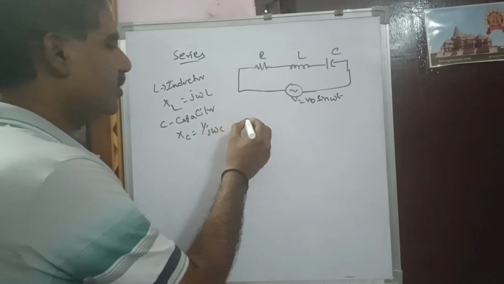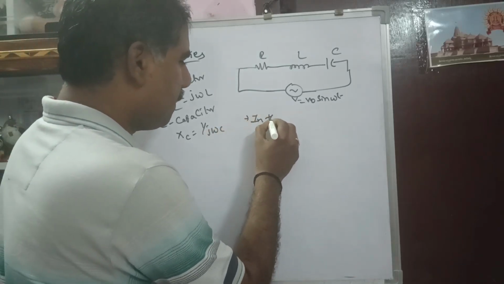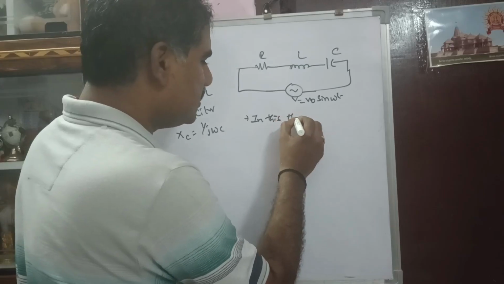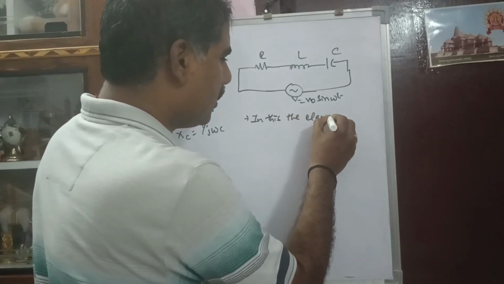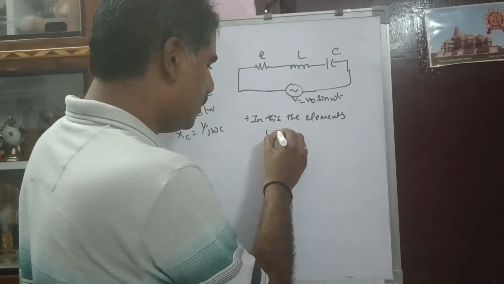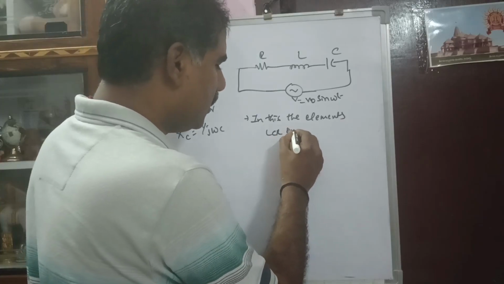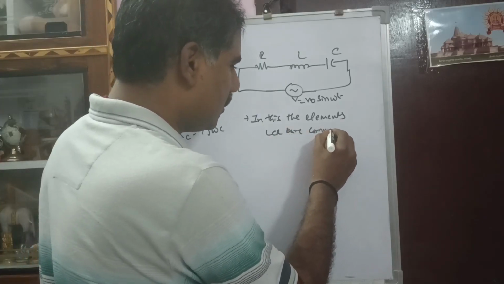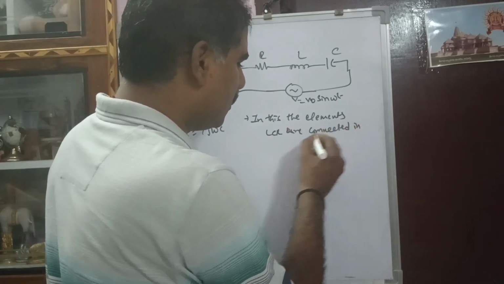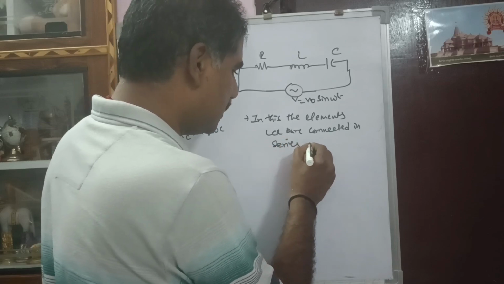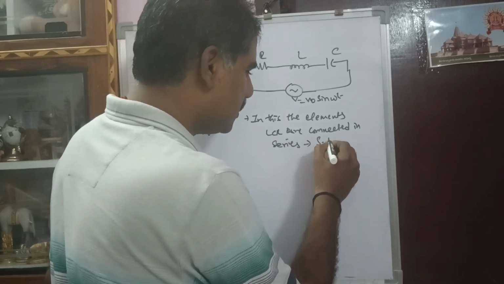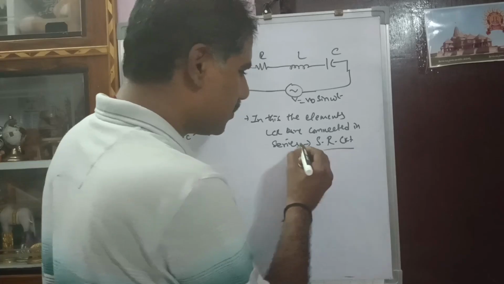When the elements L, C, R are connected in series, it is known as a series resonant circuit.